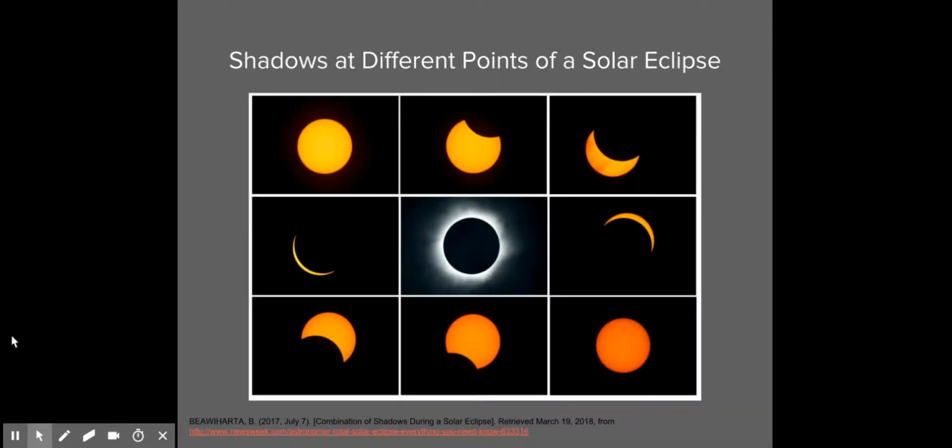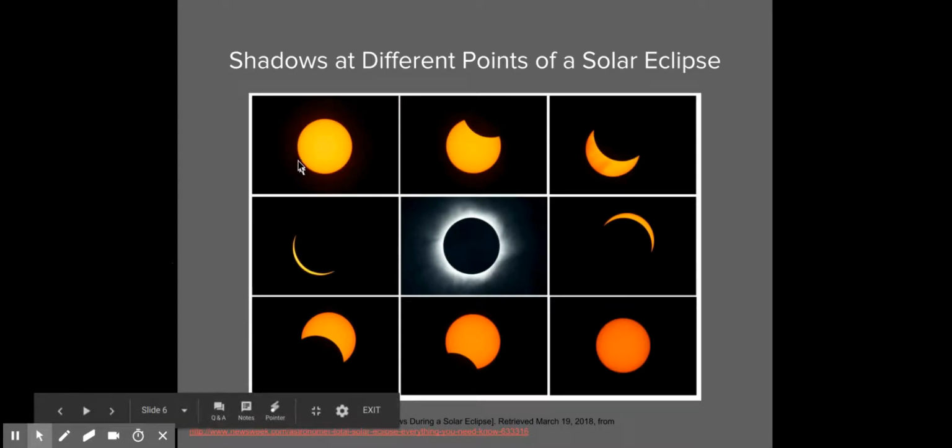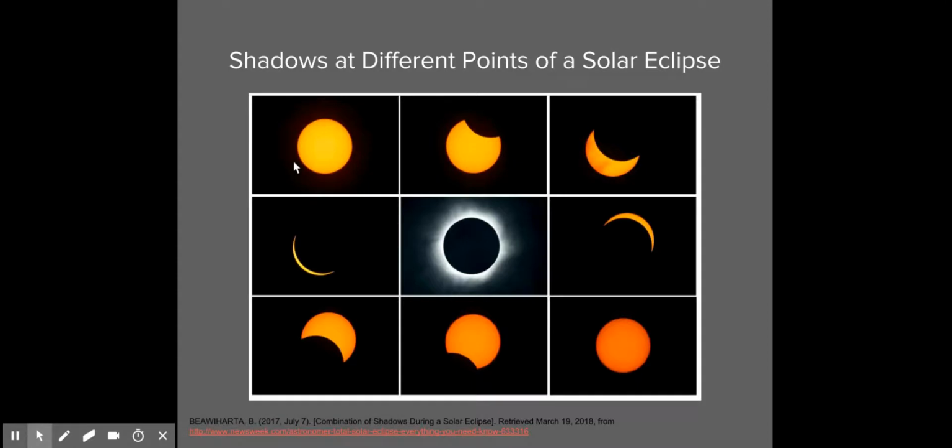Here are some shadows at different points of a solar eclipse. This is what the sun looks like through solar viewing glasses before the moon's shadow appears. As the moon continues to cover the sun, we see less and less of the sun. These shapes look similar to moon phases.